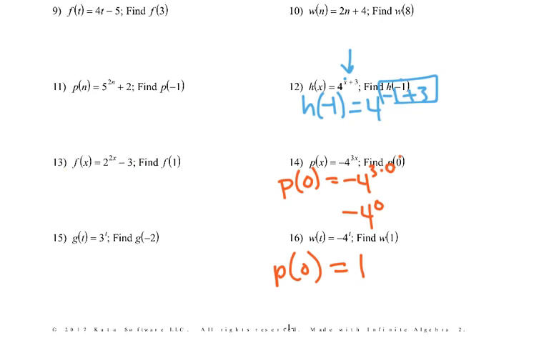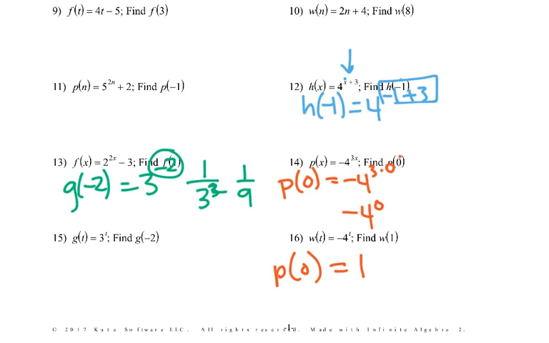So we've got g of negative 2 equals 3 to the negative 2. Whenever you have a negative power, it actually makes a fraction. You can type it into the calculator, and you'll get, oh, that's a 2, not a 3. 3 squared is 9. You'll get 1 over 9.